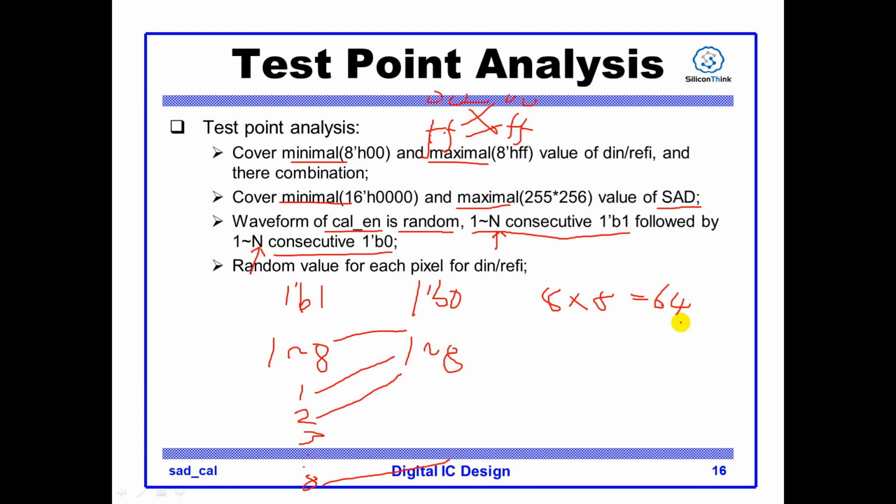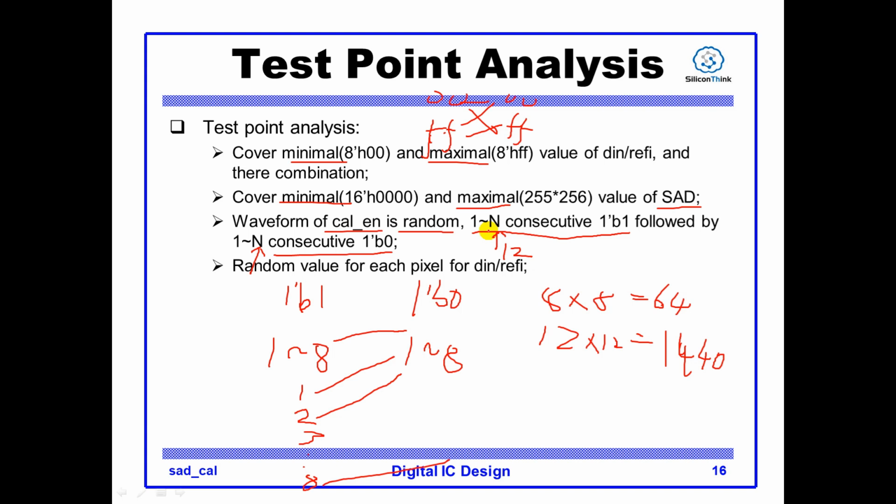So this will be 64 test cases. But if we set n to 12, then this will be how many? Maybe some number like 1450 test cases. So how to choose the right number for this design?